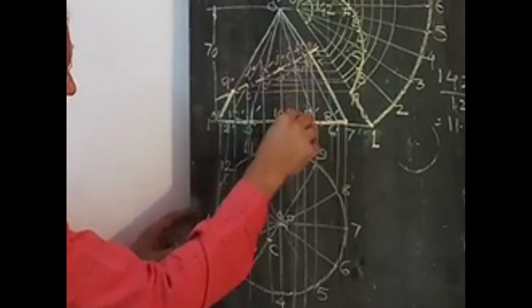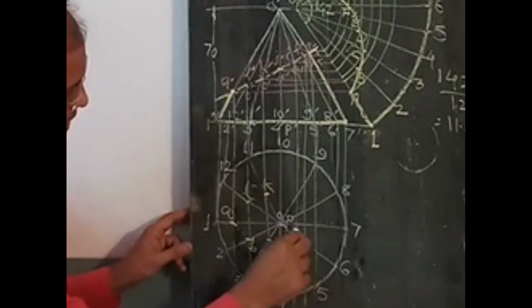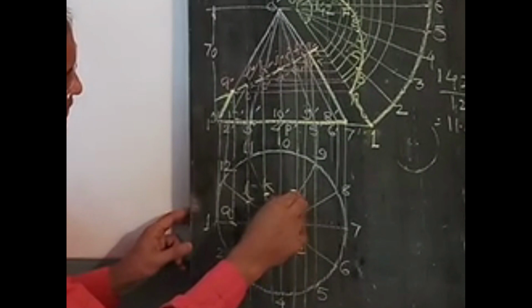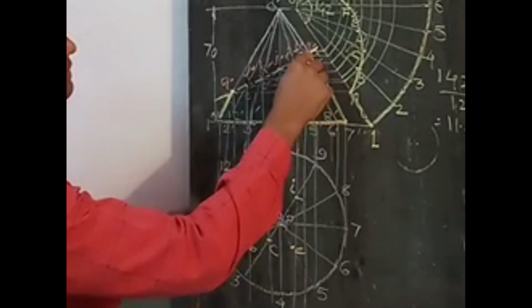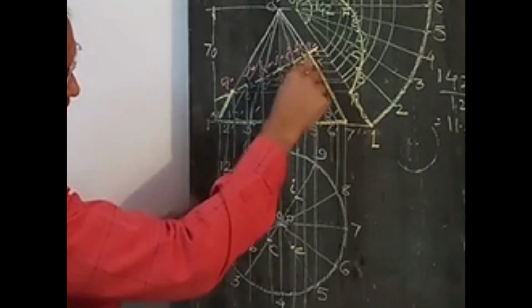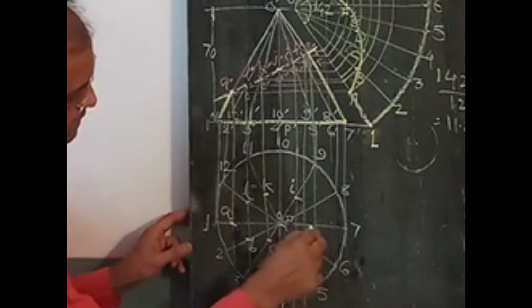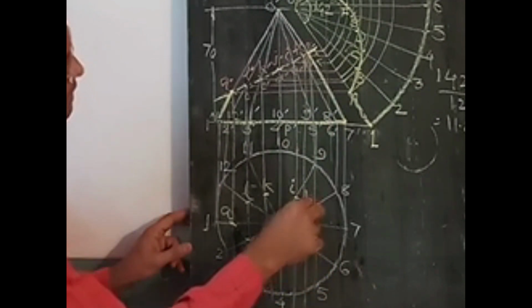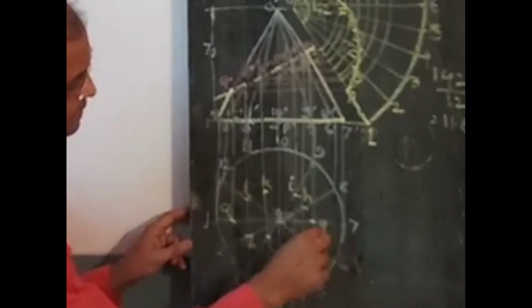So E is on 5 and I is on 9. Then F and H, they are on 6 and 8. So wherever this intersects, this is F and this is H, and G is on 7. So here you get G.